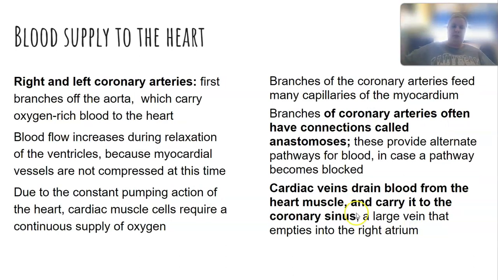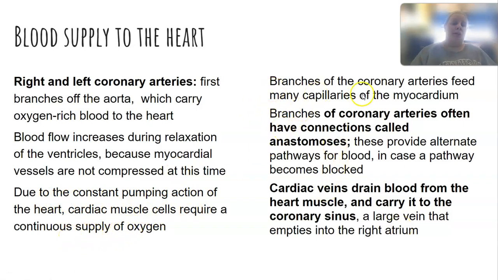Okay. So for blood supply to the heart, you have left and right coronary arteries. These are the first branches of your aorta, which carry oxygen-rich blood into the heart. Blood flow increases during relaxation of the ventricles because the vessels are not compressed. Due to the constant pumping action, cardiac muscle cells require a continuous supply of oxygen.